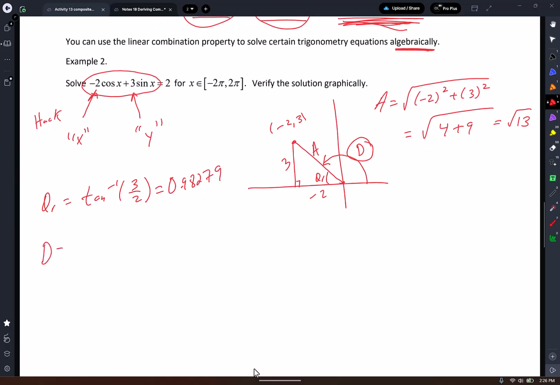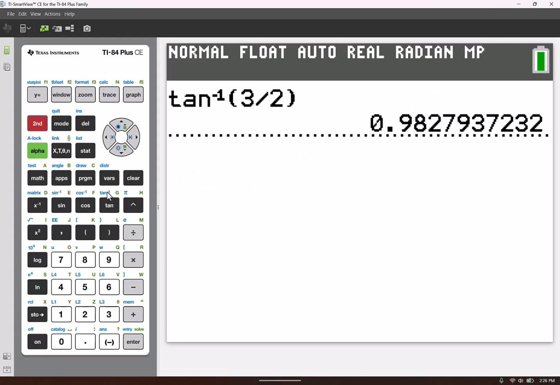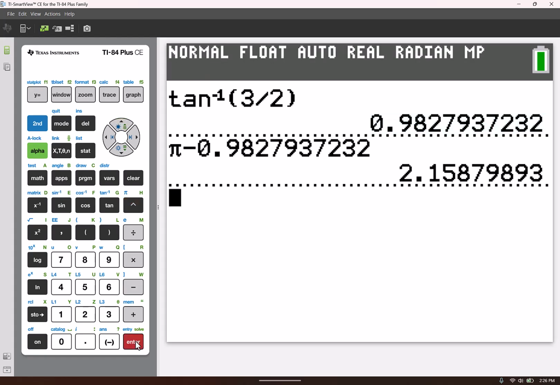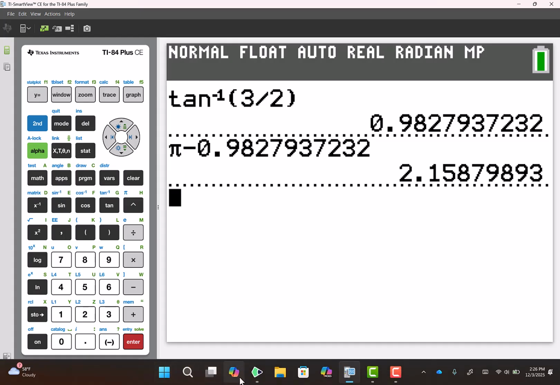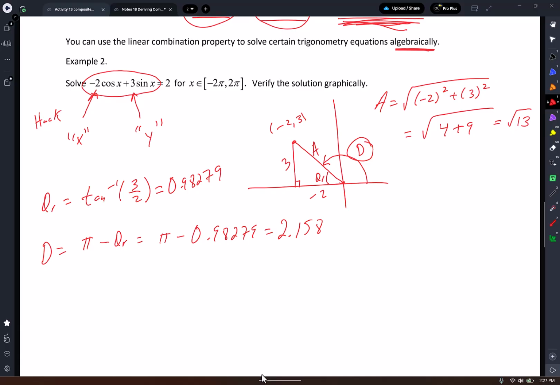Angle D equals, I take pi, and because I'm in quadrant 2, I'm going to subtract my theta R. So pi minus 0.98279 equals, and let's see what I get from there. Pi minus, and I just scroll up, enter, 2.158798. 2.158. I already forgot it.